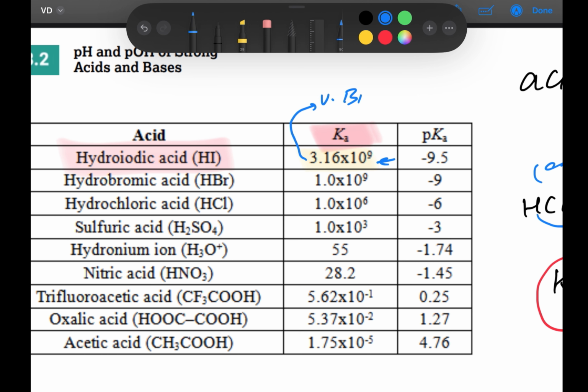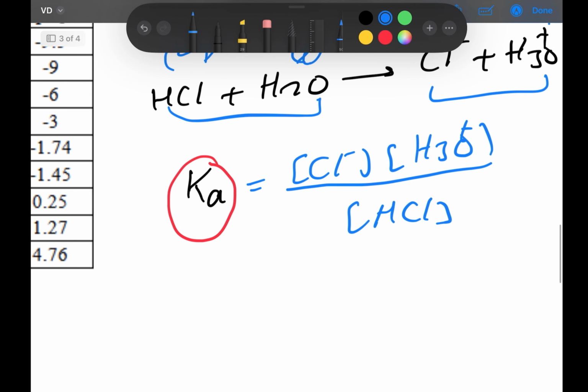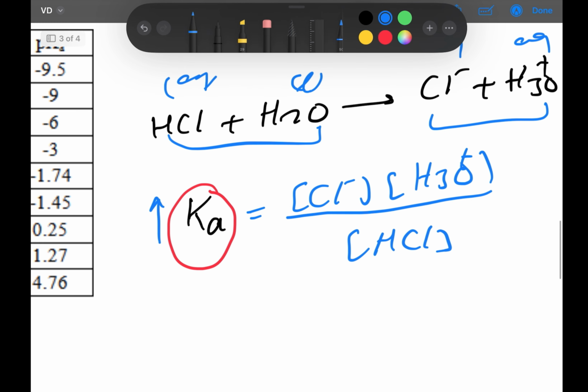And if you just remember from Unit 7, as we have a very high value of K, it means that the reaction goes to completion, and that's why it's represented with one arrow, because the forward reaction is way more favored than the backward reaction. And this is evidence that the acid here is dissociating fully or completely.